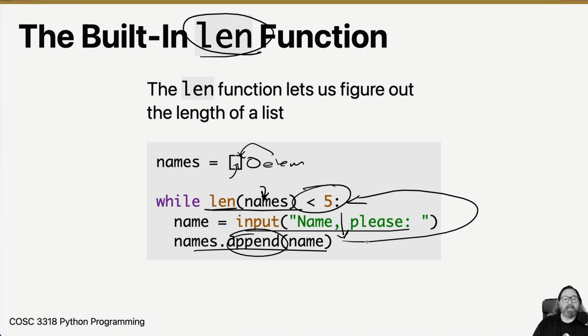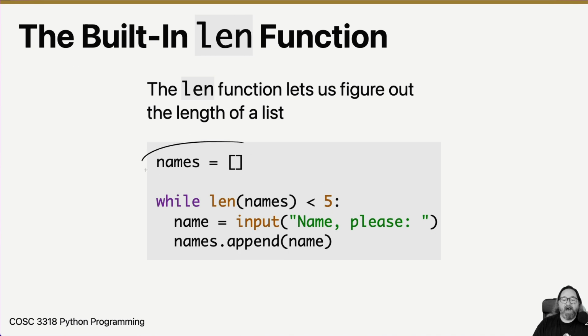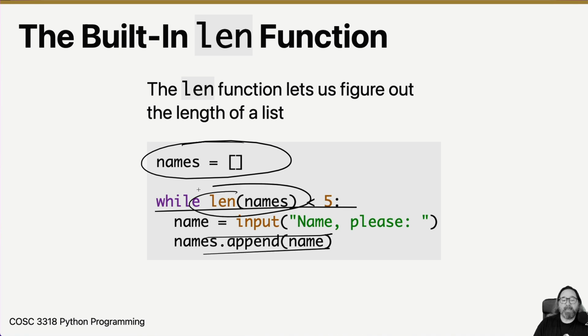So it's going to run this again and get another name. And it's going to check again, are you still less than 5? There's 2 in there. Yeah, I'm going to go. So this is a way that we can go about getting, for example, 5 names from somebody. While the length of this list is less than 5, keep asking for names. That's one use of the length function.